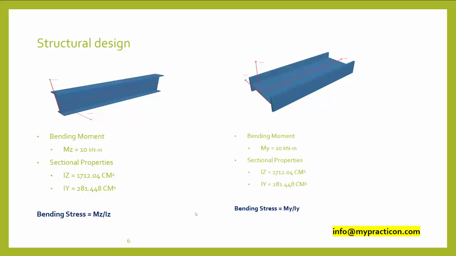The program automatically does all the internal calculations based on the orientation and the global stiffness, and finally we get the analysis forces with respect to the direction of the orientation that we have set, and the design is done automatically. So what we need to be careful about is orienting the sections as required, and the remaining part will be done by the program automatically.